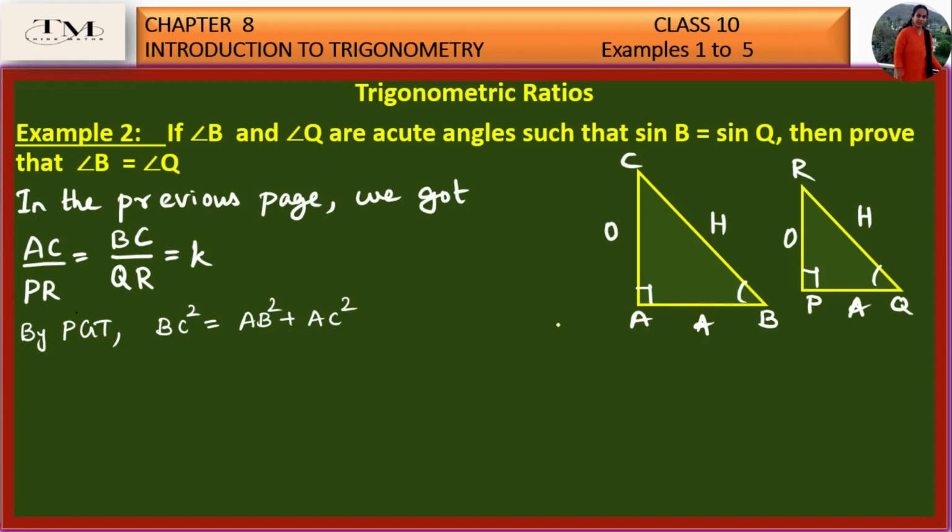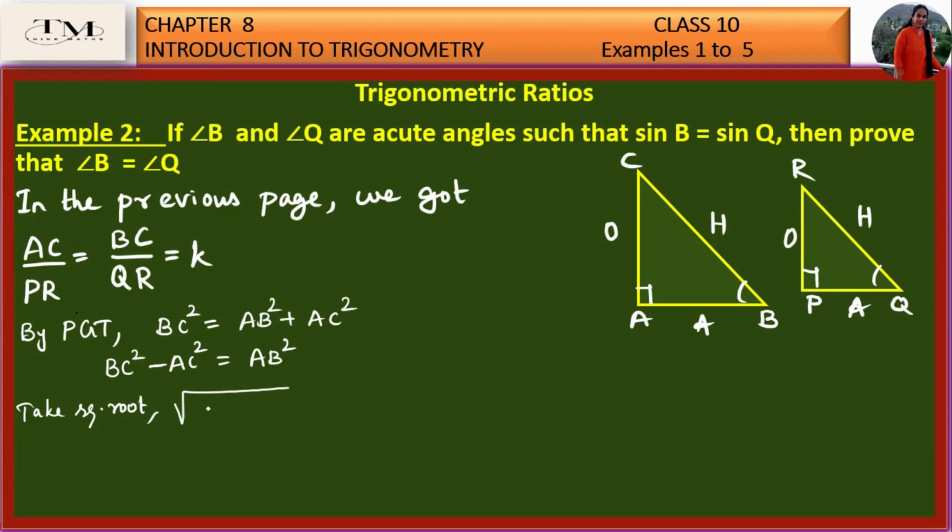We need AB square. So what will be AB square? Keep this AB square as such. We have on the other side BC square. This plus AC square will become minus AC square. We need AB, so we take square root on both sides. A negative sign is there in between, so we cannot take this power 2 outside.